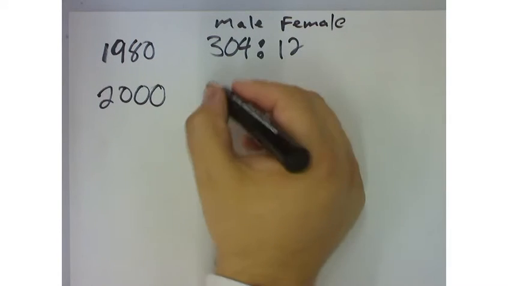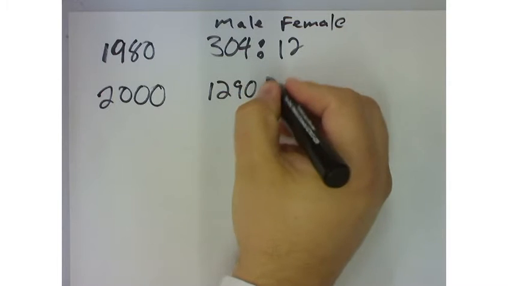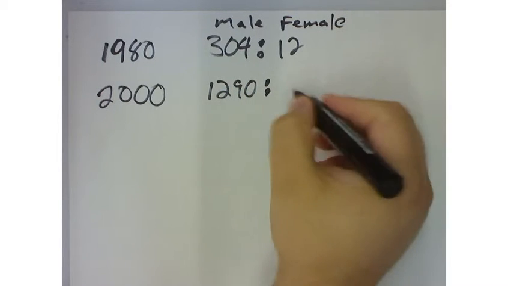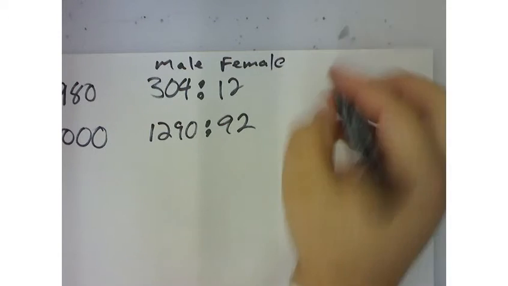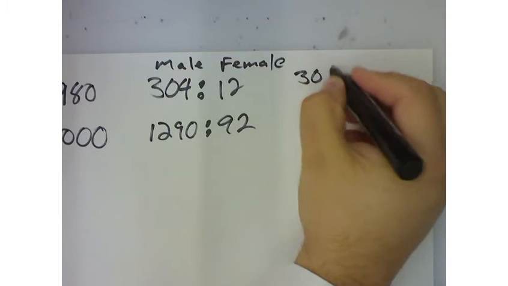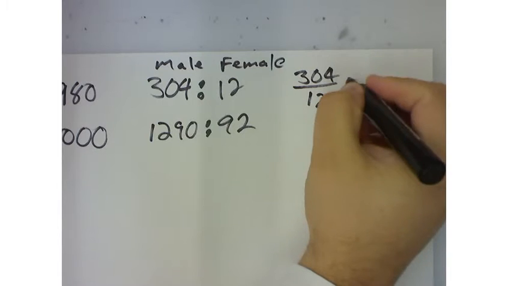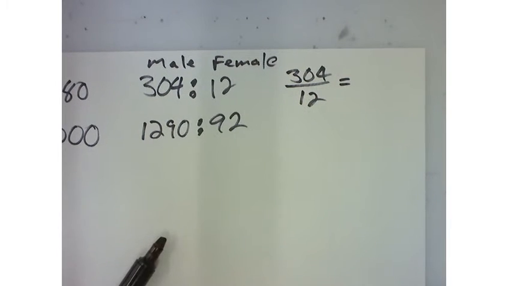There were 1,290 to 92. So if we were to reduce this, we could write this as 304 to 12, and then enter that in a calculator and then determine what that value is.